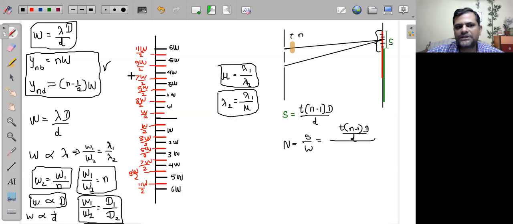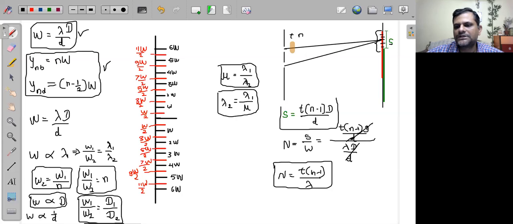But we have already seen W, which is equal to lambda into capital D upon small d. So if we cancel out lambda, capital D and small d, we are left with the number of bands shifted simply equal to T into N minus 1 upon lambda. And this is the formula for the number of bands that is shifted, and the earlier one is the formula for the distance through which the whole interference pattern gets shifted.